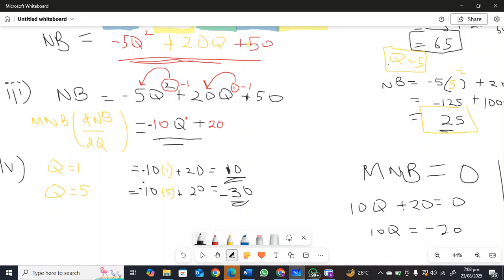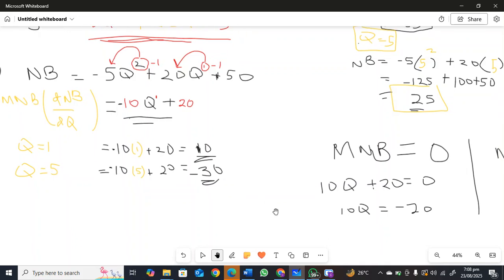Yes. So here, when they're asking us to get the marginal net benefit, when we produce 1 unit, the marginal net benefit is positive 10. When we produce 5 units, the marginal net benefit is negative 30. So even here, as we increase production, the marginal net benefit is also reducing.